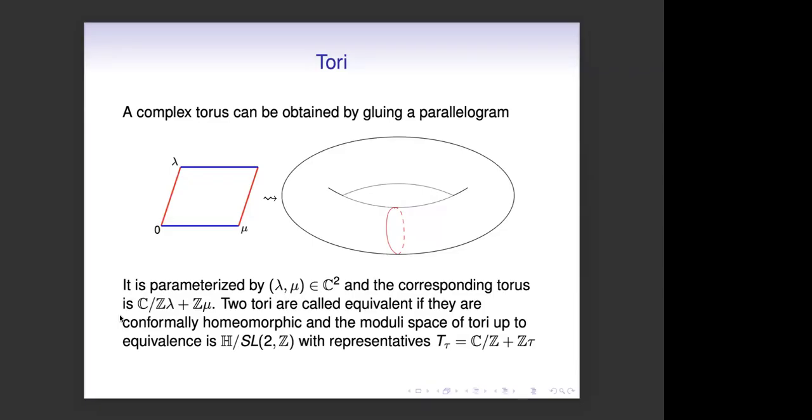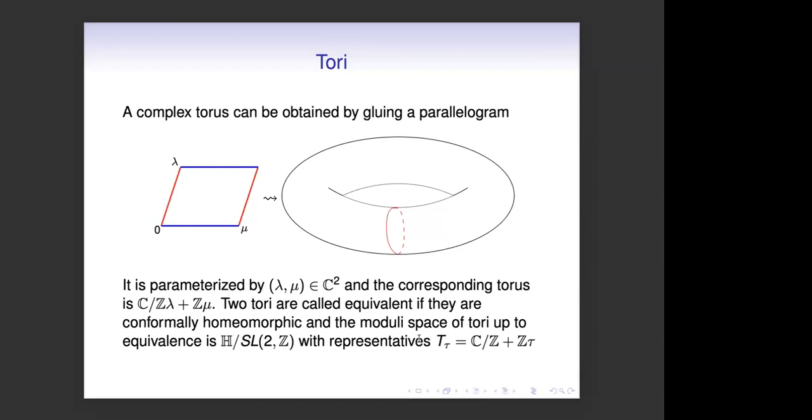And now one is not interested in all tori that one can get, but only in tori up to conformal equivalence. Another way to say this is that one wants to look at equivalence classes of tori, where all members in one class have the same marked complex structure, and they precisely have one representative of the form C modulo Z plus Z tau.